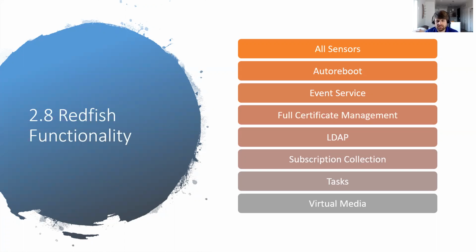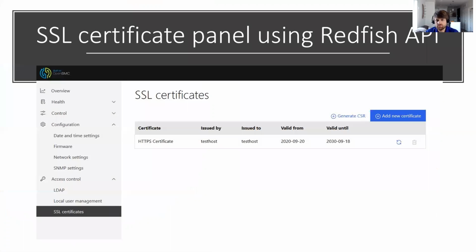The task and task service schemas are for asynchronous operations for things that take longer, like firmware update, but really it could be for any operation. And this is the SSL certificate page using the certificate schema in the certificate resource.